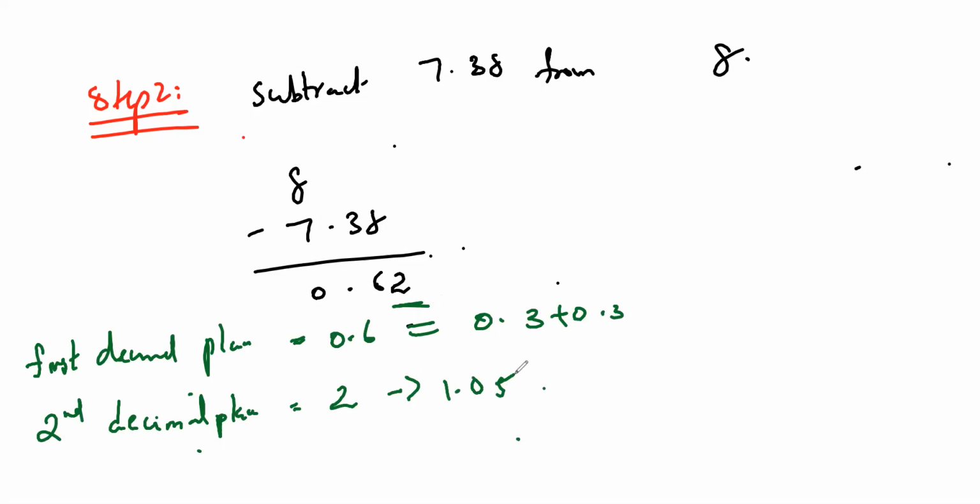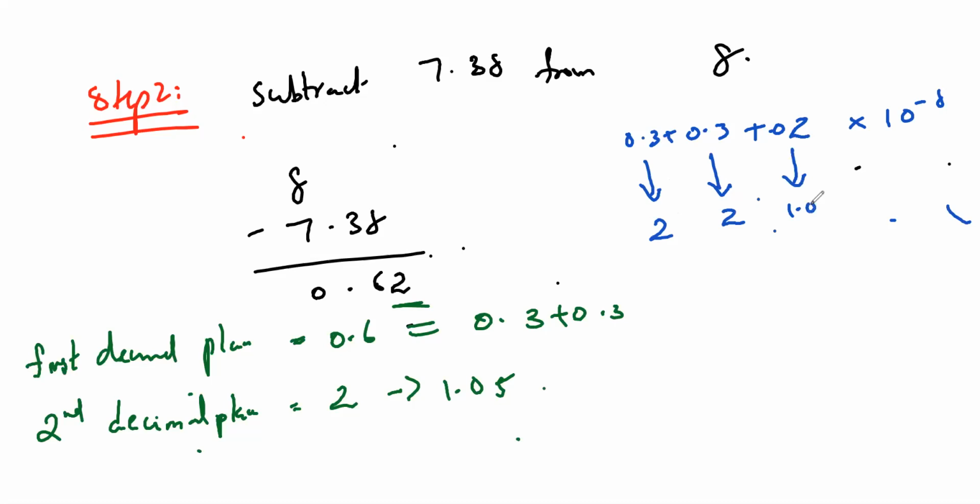So with all of this information, I'm writing here 0.3 plus 0.3 plus that 0.02 into 10 power minus 8. The 0.3 value is 2. 0.3 value is 2. 0.02 is 1.05 into 10 power minus 8. Then I just multiply each and everything. So I'll get the answer as what? 4.7 into 10 power minus 8.